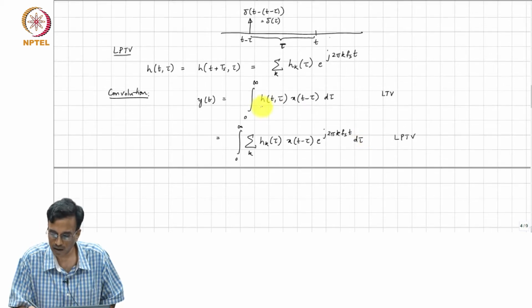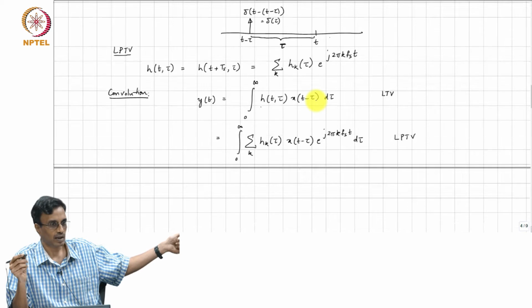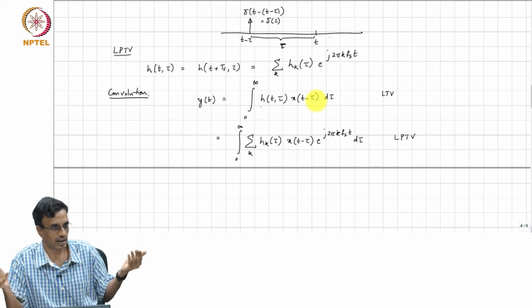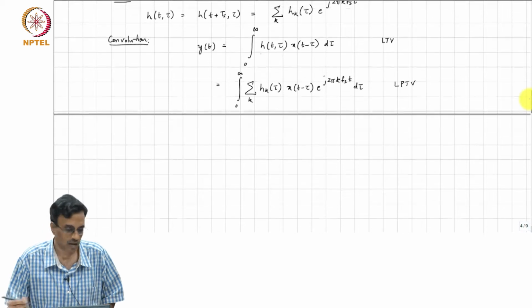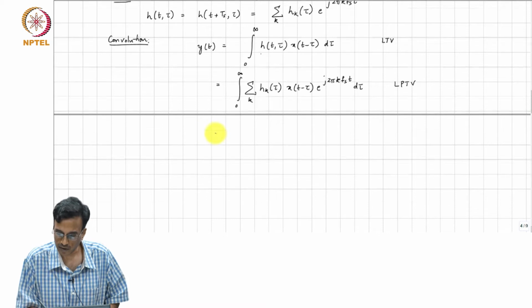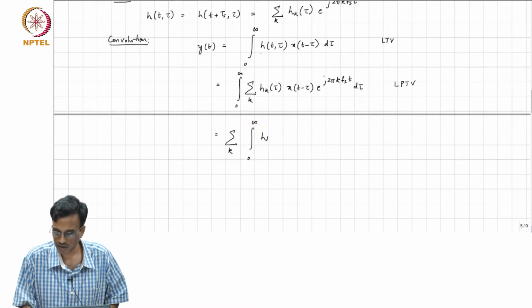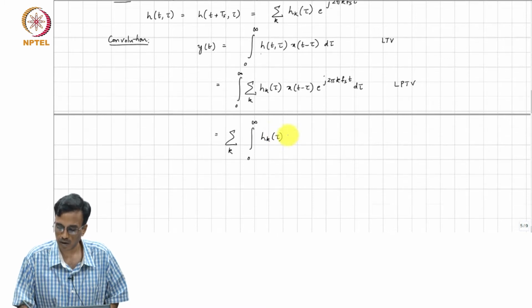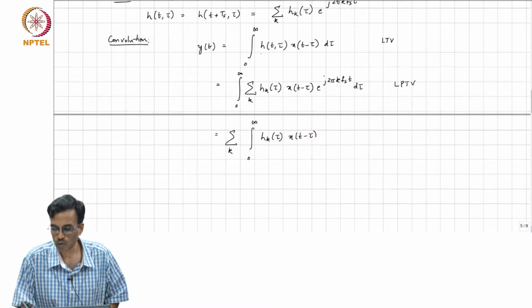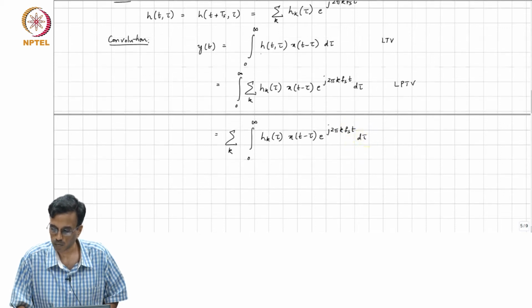Because we are multiplying this with x of t minus tau. I can push the x of t minus tau before, because it multiplies every term. And whether adding and integrating or integrating and adding is the same thing. So, therefore, this is nothing but sigma over k integral 0 to infinity h sub k of tau x of t minus tau e to the j 2 pi k f s times t d tau.